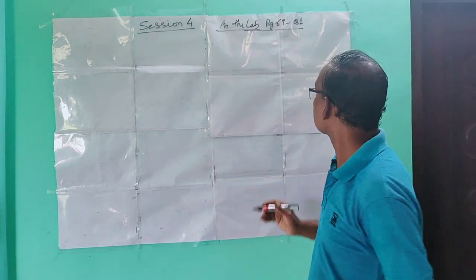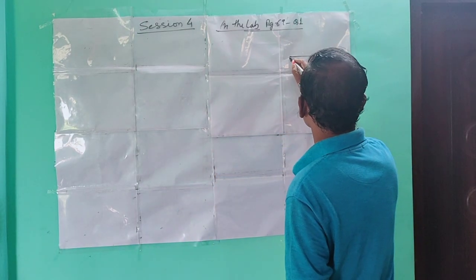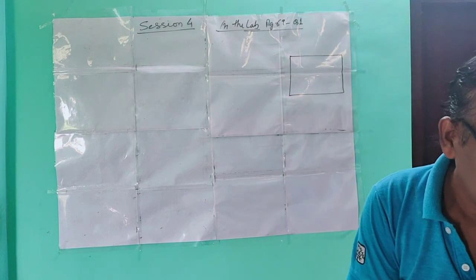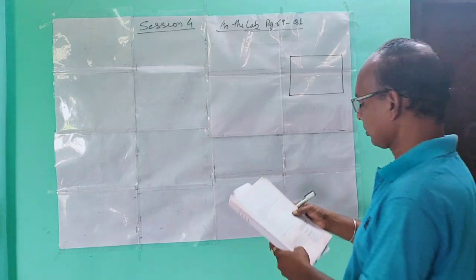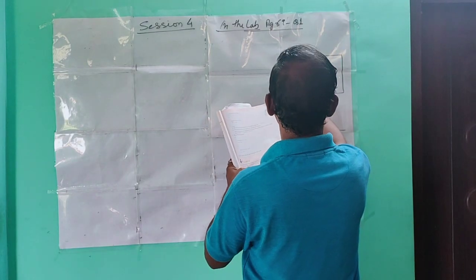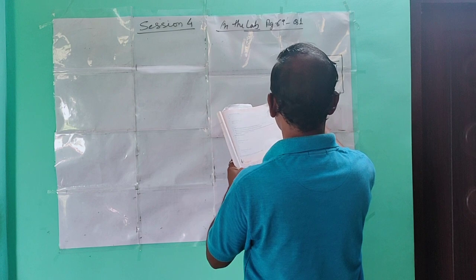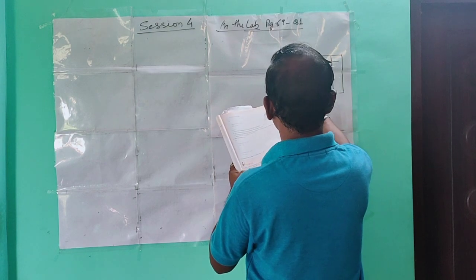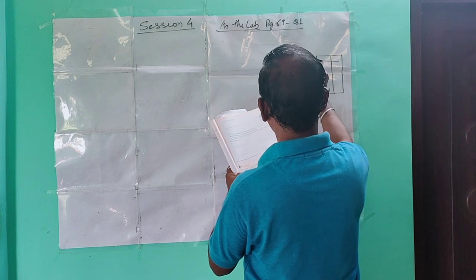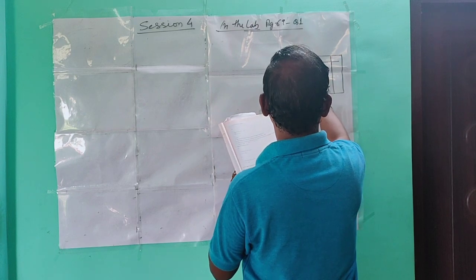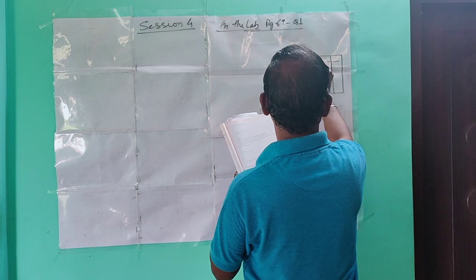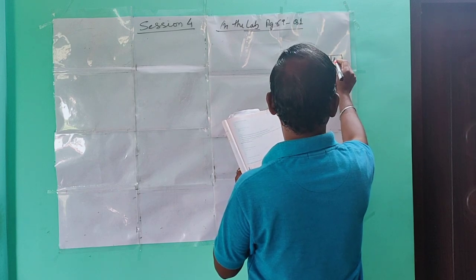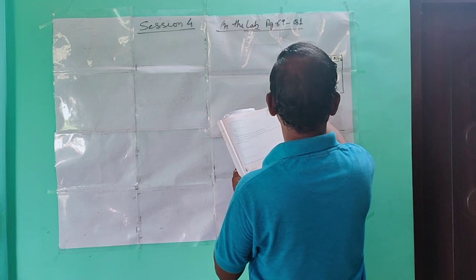The output is like this. Serial number, name of city, SO2 and NO2.